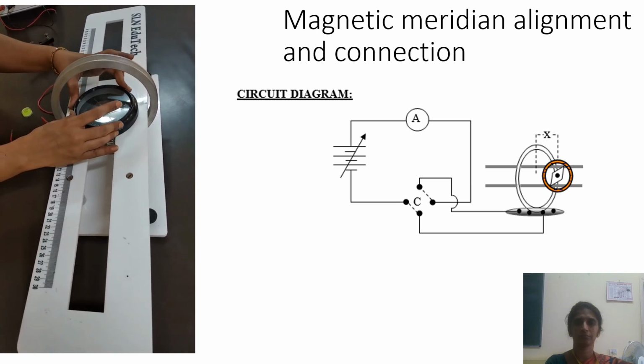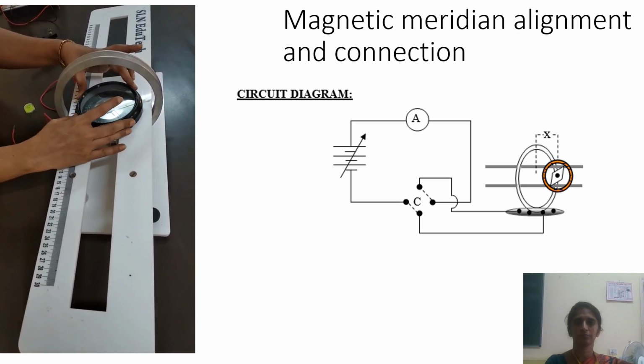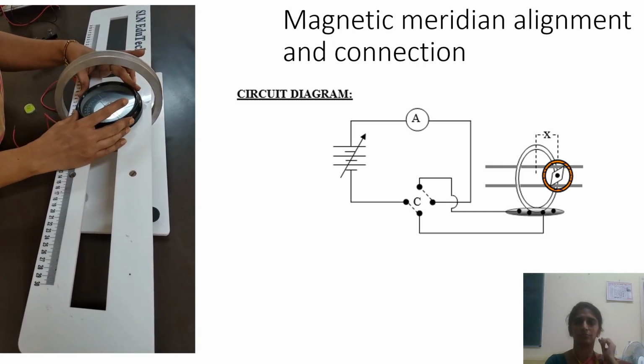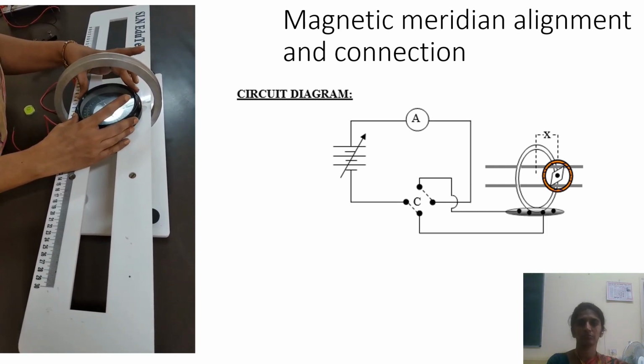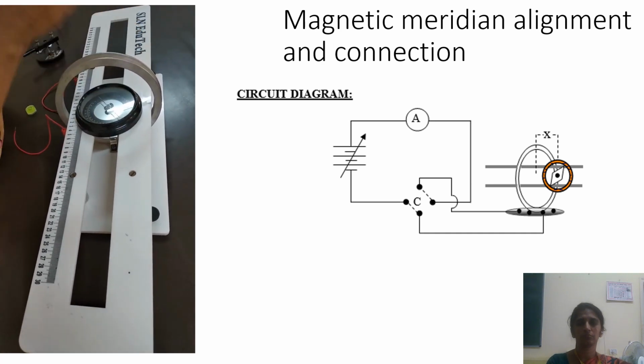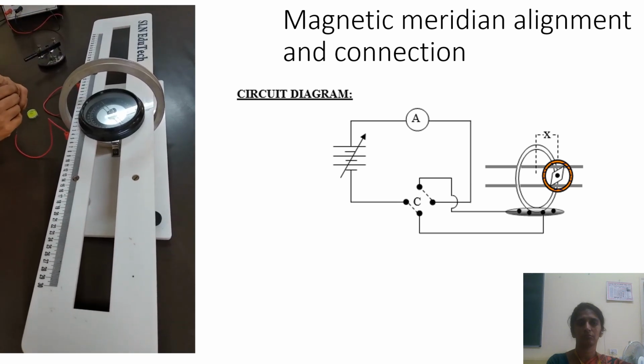you make sure that the 90-90 axis must be along the coil, the circular coil which has the conductor over it. So 90-90 must lie exactly in the plane of this circular coil.